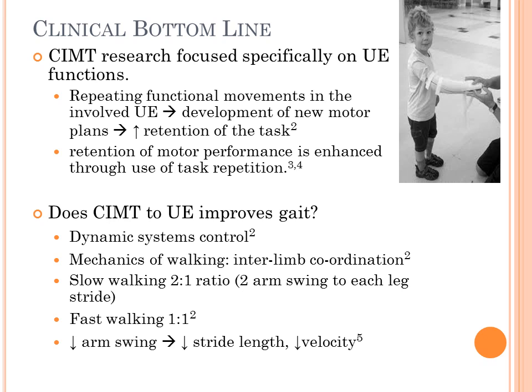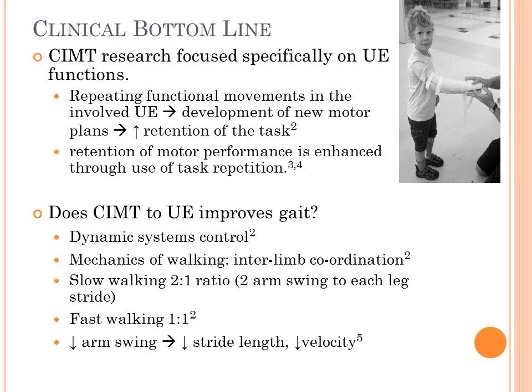The basis can be the mechanics of walking, where we all know there is an interdependent relationship between all four limbs. The interdependent relationship results in a 2:1 arm-limb coordination ratio when we are walking slowly, so 2 arm swings to each leg stride, with the emergence of a 1:1 ratio in arm-limb coordination as the gait speed increases.